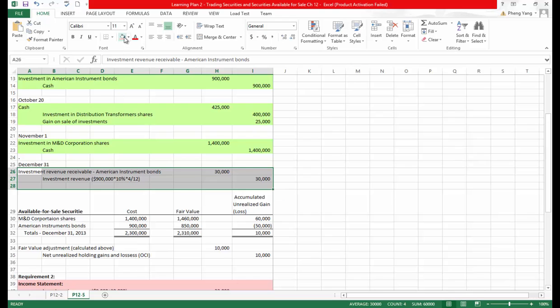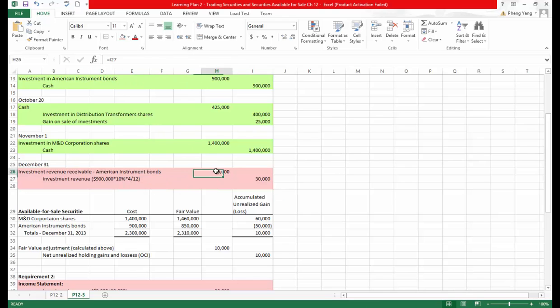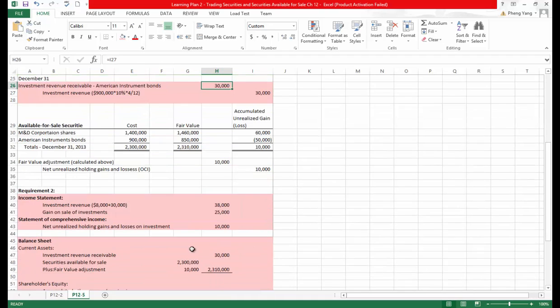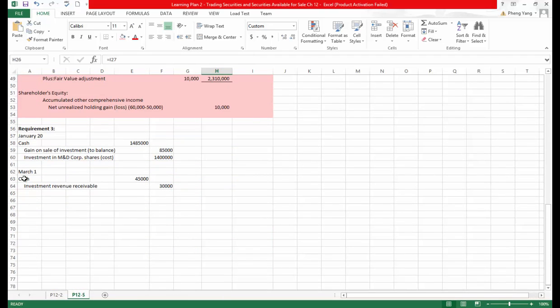Even though we did not receive interest payments, because it's year end and we have to make adjusting entries, we had to accrue the $30,000 that we technically earned but have not yet received in cash. So because we already put it in a receivable account, at the time we actually receive the payment, we're going to reduce that receivable, and then credit cash for that $30,000 plus the investment revenue.